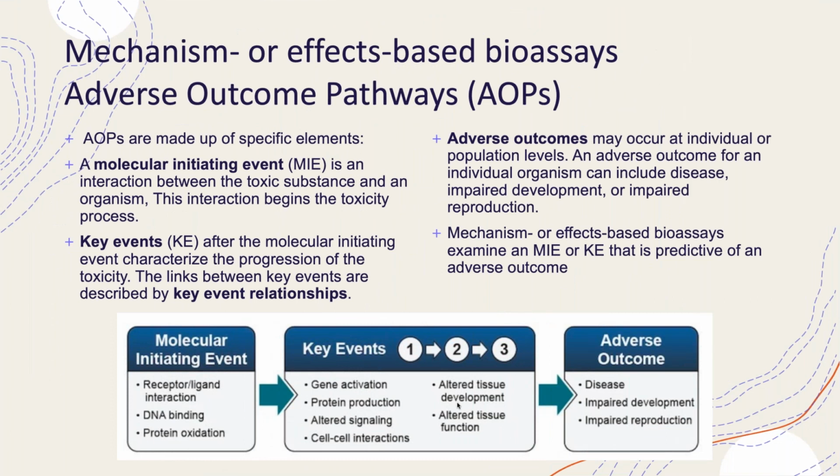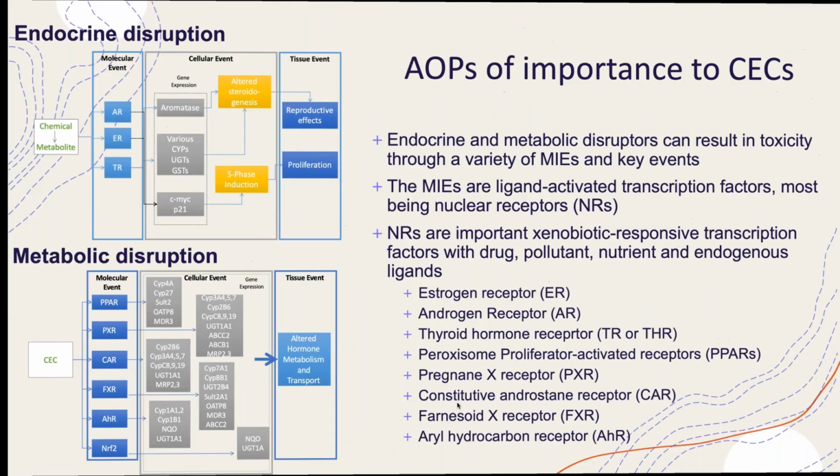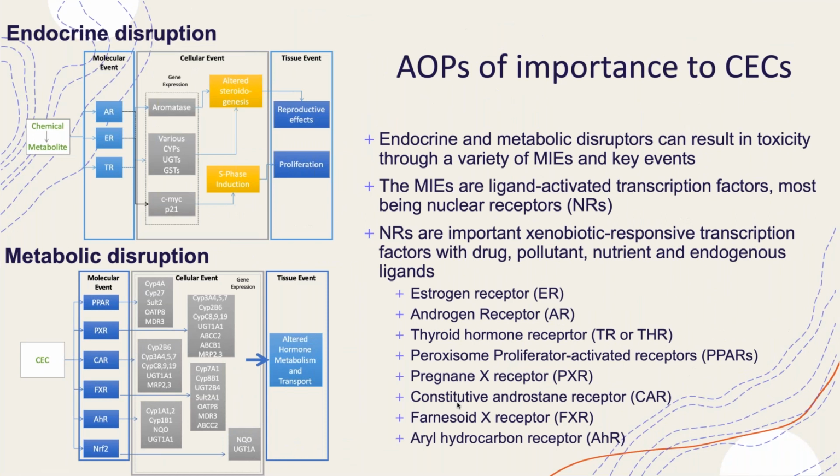So what we want to do is rely on these different pathways when we are trying to find our bioassays to use. So what are some of these adverse outcome pathways? And as I mentioned before, what we're predominantly interested in addressing with these bioassays are endocrine and metabolic disruption. So there have been clearly established adverse outcome pathways for endocrine and metabolic disruption, which are shown to the left of this slide.